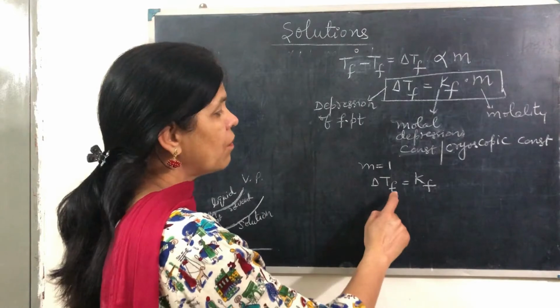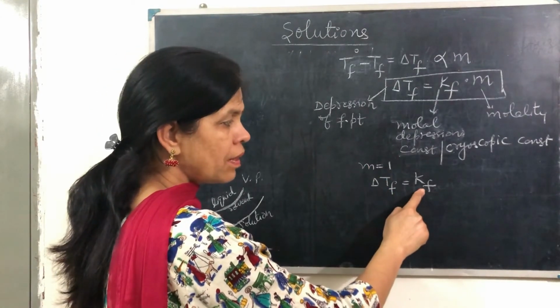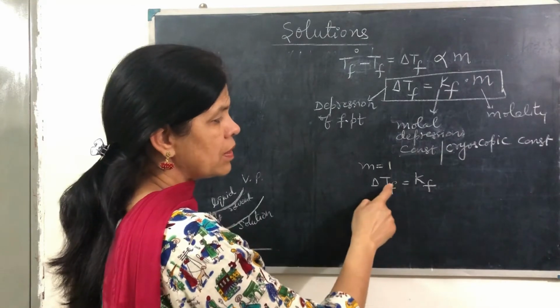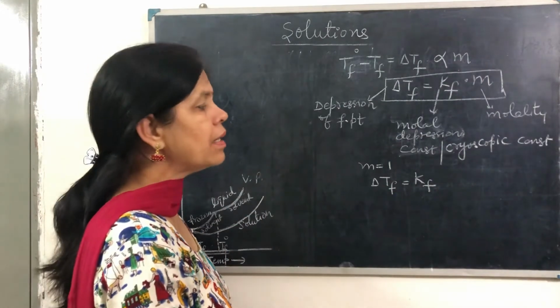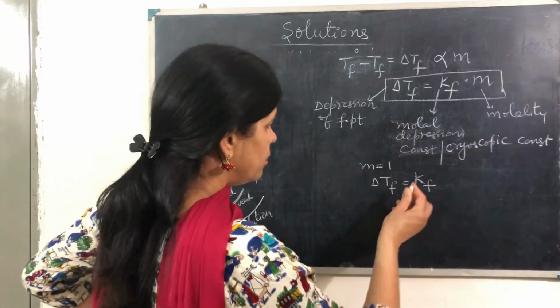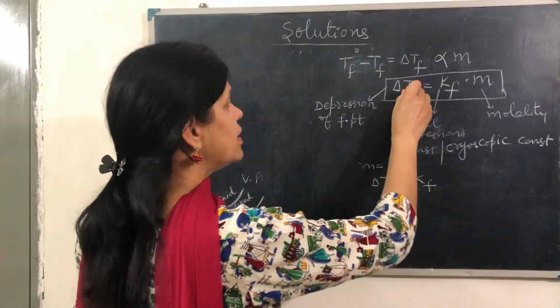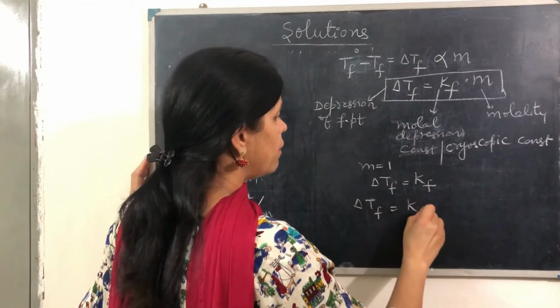I repeat, when the molality of solution is unity, then molar depression constant is equal to depression in freezing temperature. So I can further write this expression as delta Tf is equal to Kf.